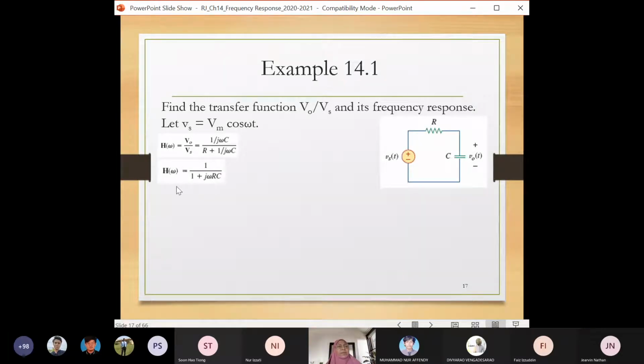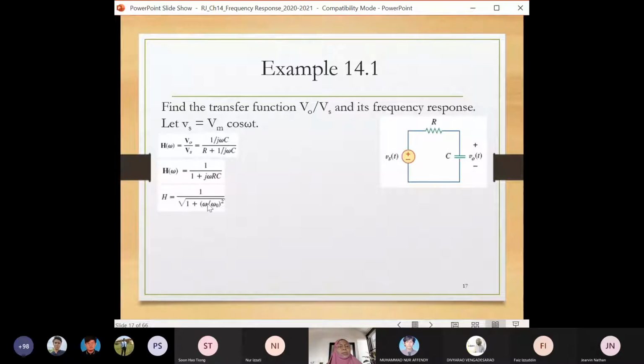Therefore, H omega is equal to 1 over, if you divide everybody by J omega C, 1 plus J omega RC at the bottom.